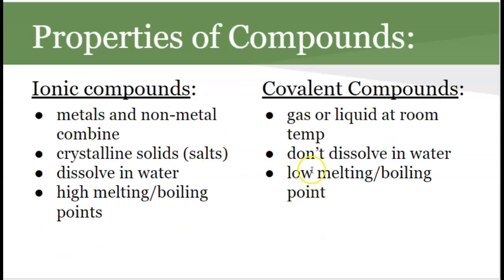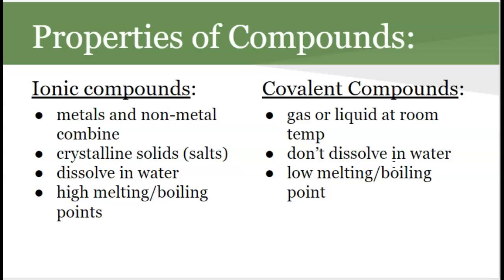So to kind of review what the different properties of compounds can be, ionics kind of fall into what's on the left. This is when you have a metal and a nonmetal. And I'll review why that is in a minute. Most of the time, these things are solids or salts.